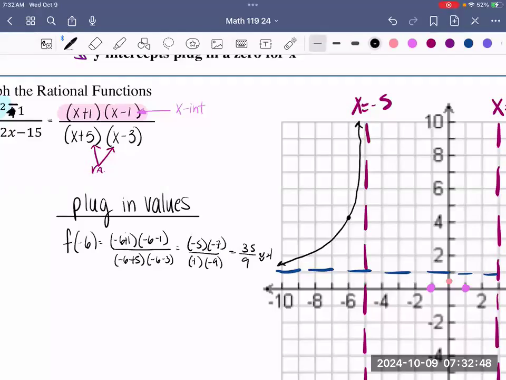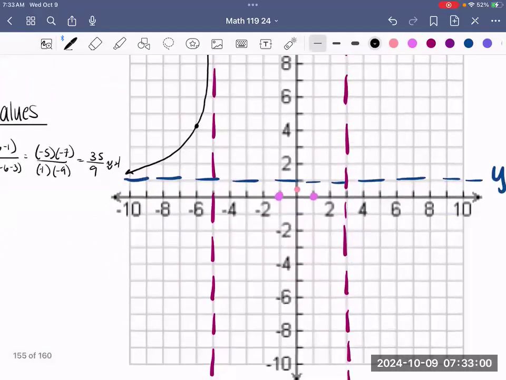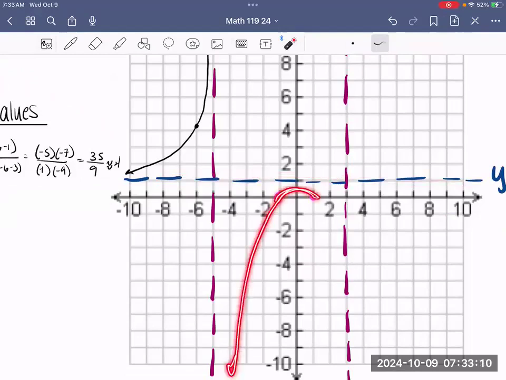We want to approach your asymptotes, but they're just going to skyrocket or flatten out at these particular values. Now, when it comes to values that are in between, notice that we already have your x and y values. And it doesn't look like it's going to be crossing at your horizontal asymptote, right?